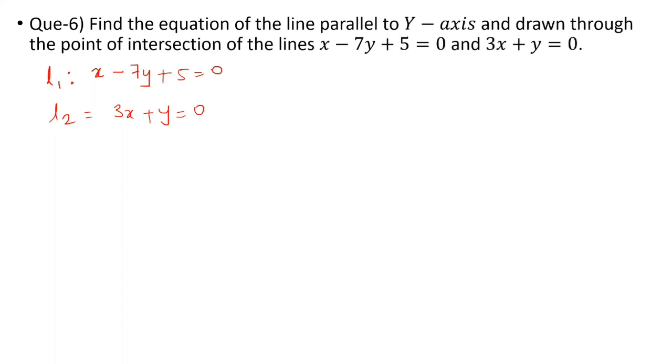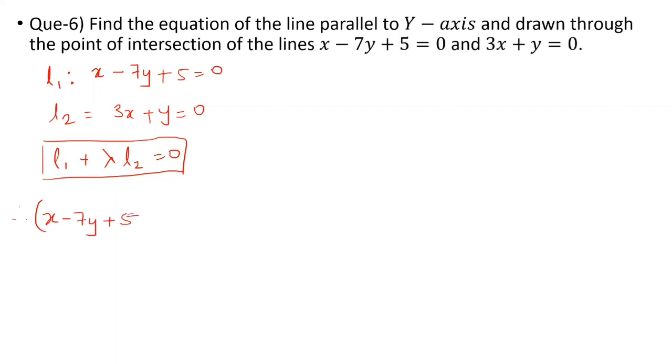Now we know the equation of line passing through the intersection of these two lines is denoted by L1 plus lambda times L2 is equal to 0. According to this formula, let me write x minus 7y plus 5 plus lambda times another line, that is 3x plus y equal to 0. If I take x and y common, you can observe the things, let me highlight with this color.